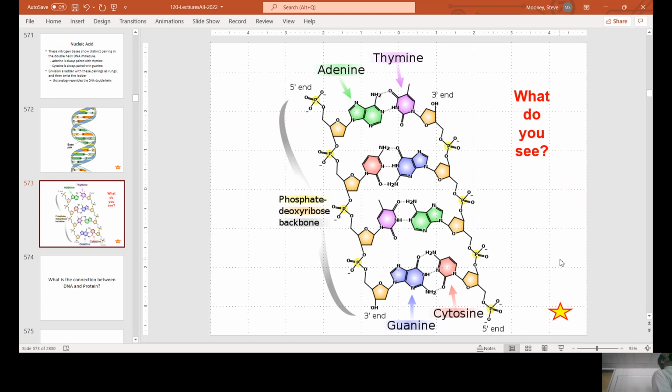What up there indicates why A always bonds with T and why G always bonds with C? Adenine with thymine, guanine with cytosine. Why are those pairings conserved?